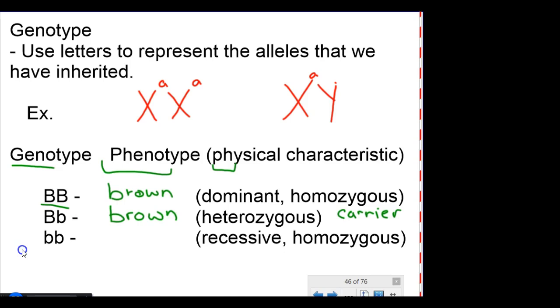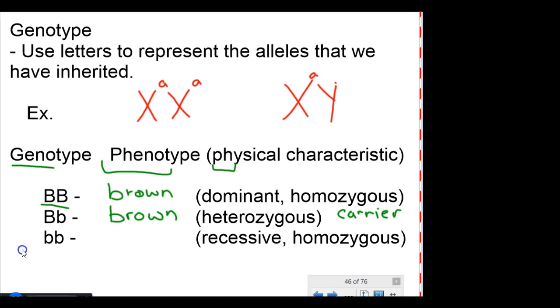Yeah, because it's 100%. Her kids are definitely going to be colorblind. If mom has a parent, like her dad, that is colorblind, likely her male children will be colorblind. 50% chance.